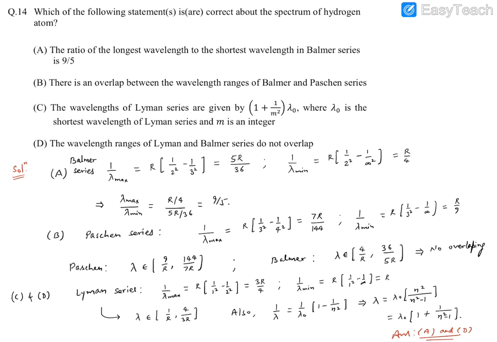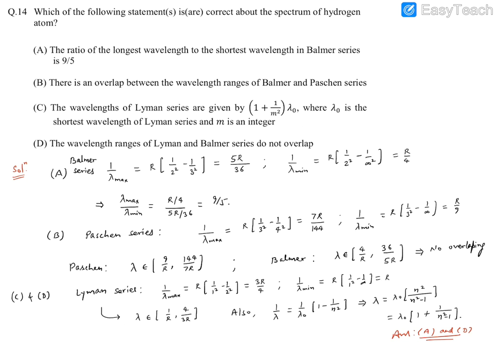R will get cancelled out and the 36 will go upside, so it's going to be 9 by 5 ultimately. So the ratio of the longest to shortest wavelength in the Balmer series comes out to be 9 by 5. The statement of option A is exactly the same. Hence A is the correct response.